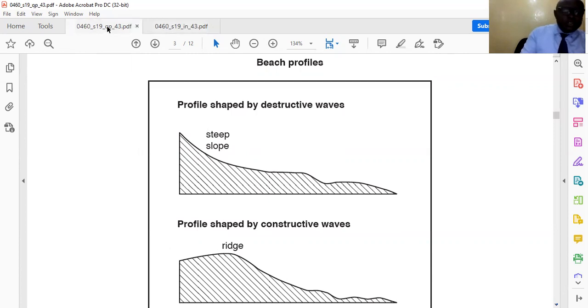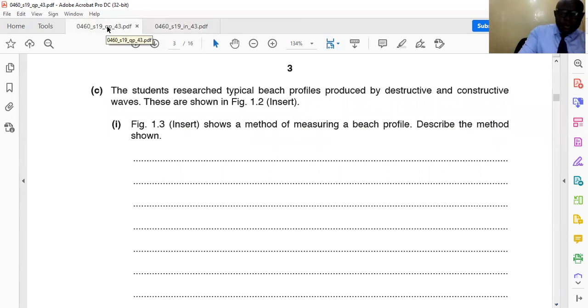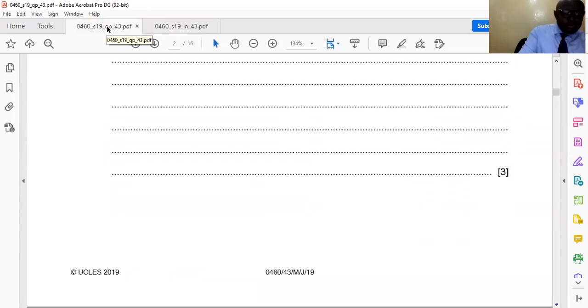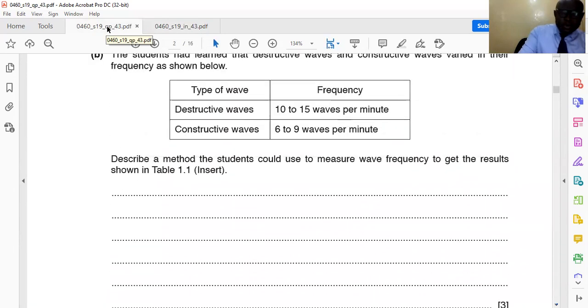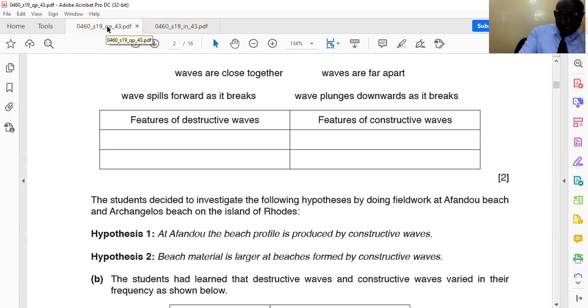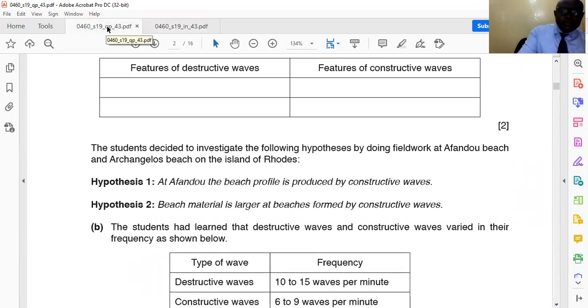Now let's see what the question is quickly. Describe the method shown. So is that not the one we just did? Okay, wait. Okay, the student decided to investigate their following hypothesis by doing fieldwork at Afandos and Archangelos Beach.